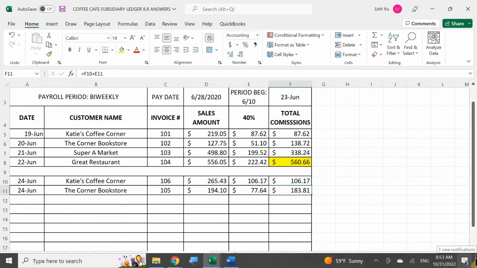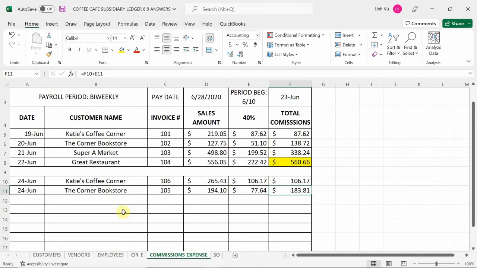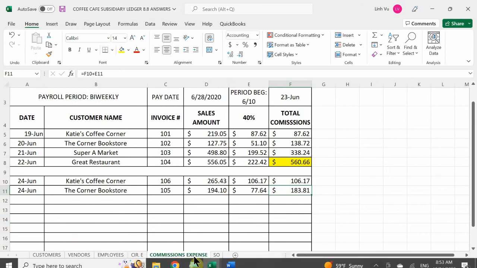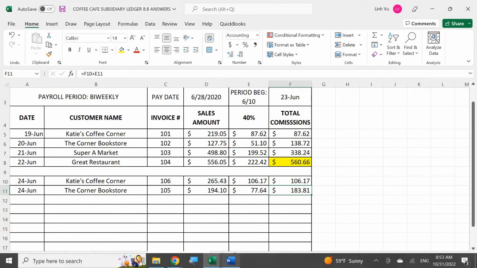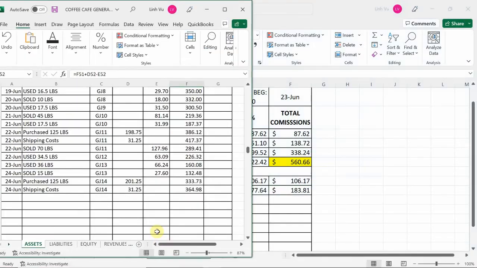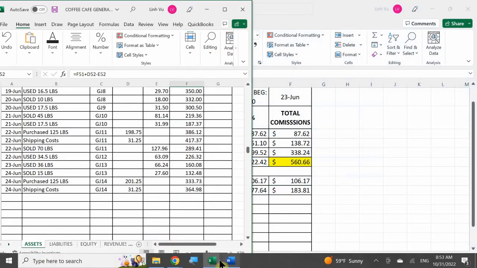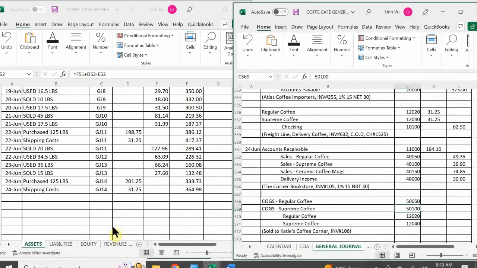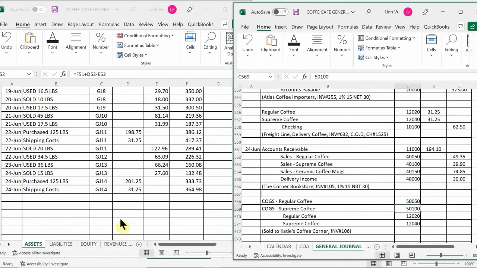Okay, cool. So now let's go to the ledger, because we have to update our accounts receivable.